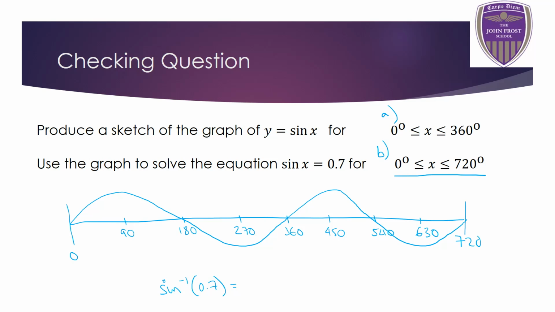So shift sine 0.7 is 44.4. So 44.4 would be here somewhere. So we're going to go up and all the way across. So the solutions are here, here, here, and here.